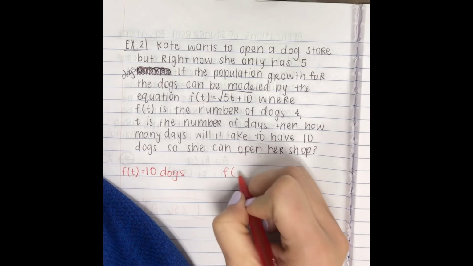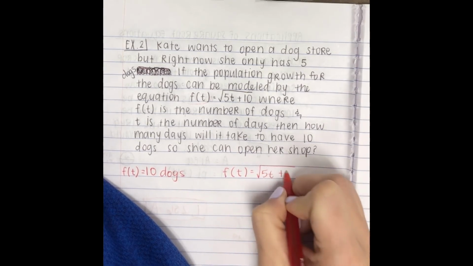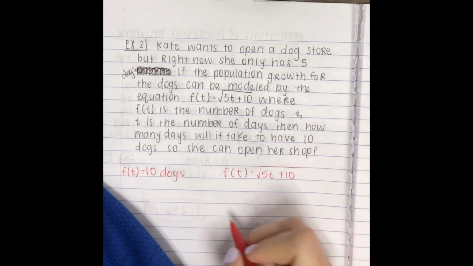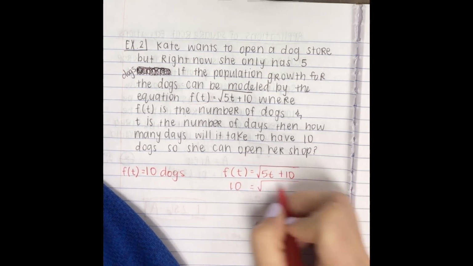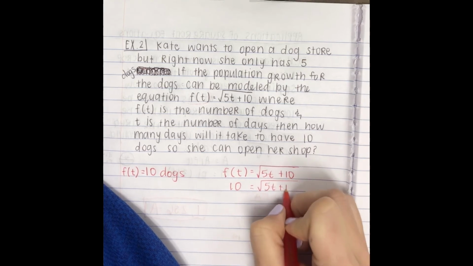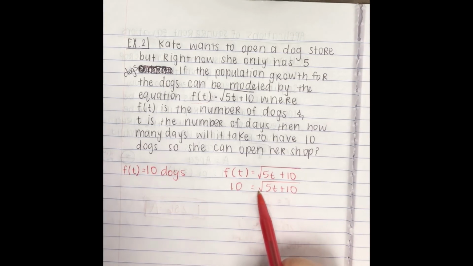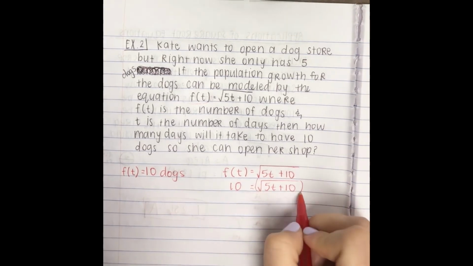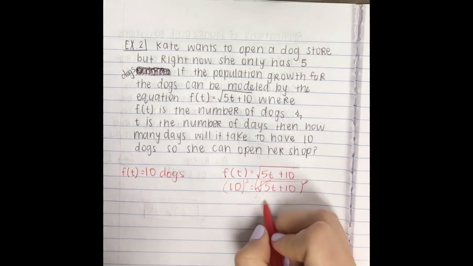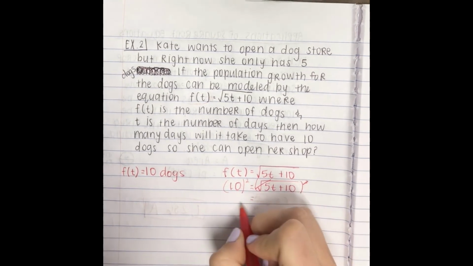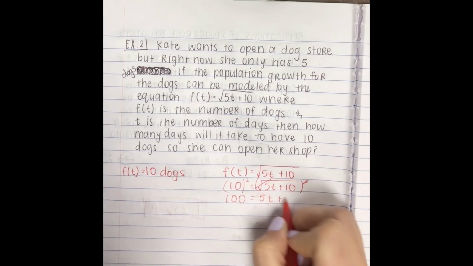So here's our formula: f of t equals the square root of 5t plus 10. F of t is 10, so we have 10 equals the square root of 5t plus 10, and we're solving for t. My square root is alone, so I square both sides. The square root and the square cancel out, leaving 10 squared, which is 100, equals 5t plus 10.